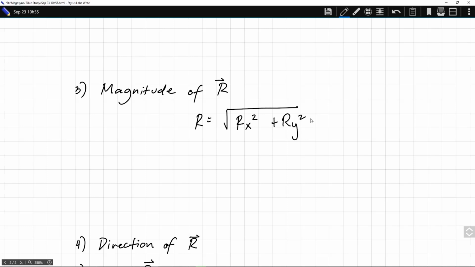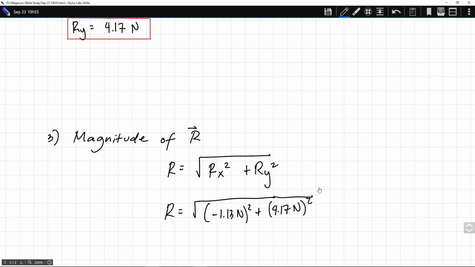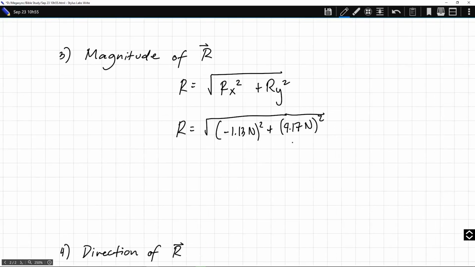So we can see here that using the x component and y component of the resultant, we can solve for the magnitude of our resultant vector. So let's do that. Let's substitute the values inside this radical here. Okay, so solving this in our calculator.